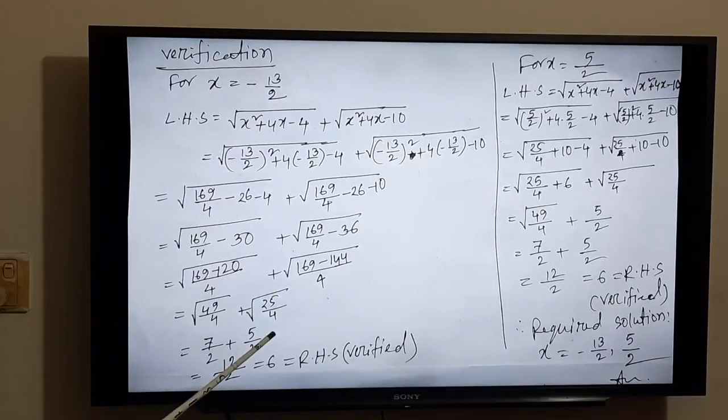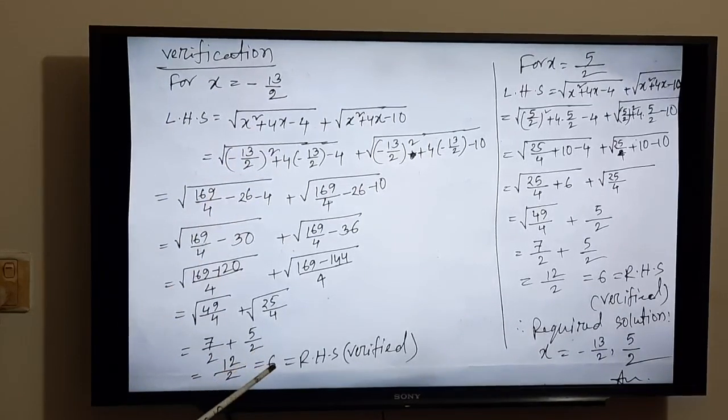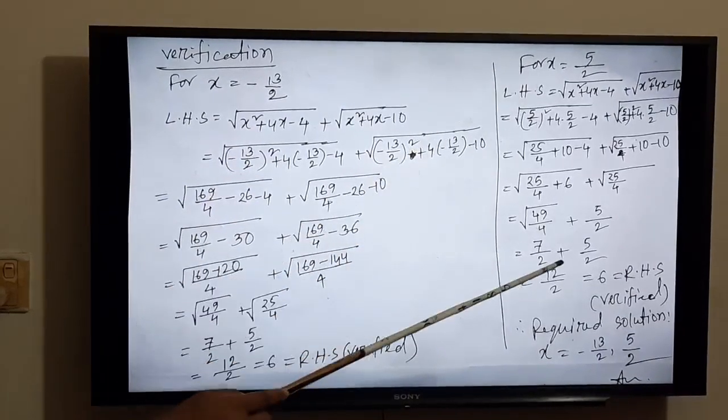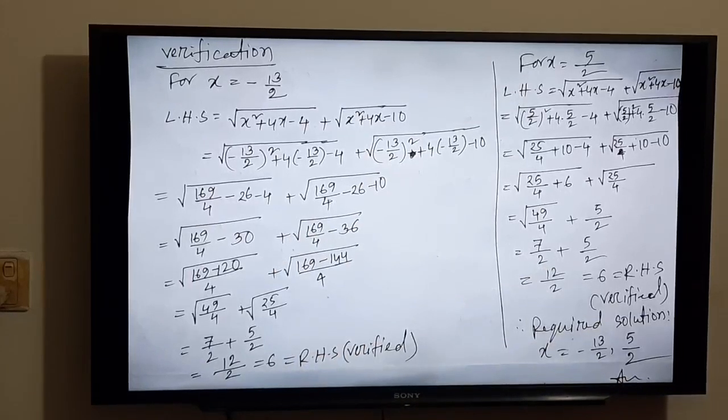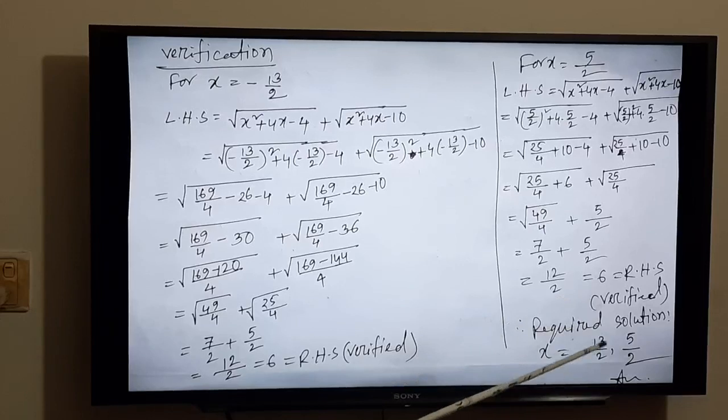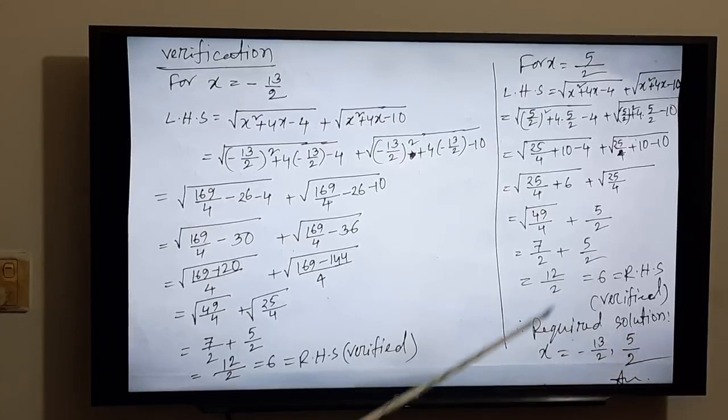This procedure is very easy, so no need to discuss. Okay, both are verified, so this is our solution.